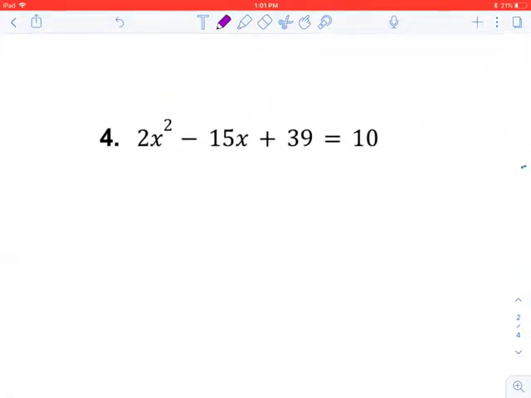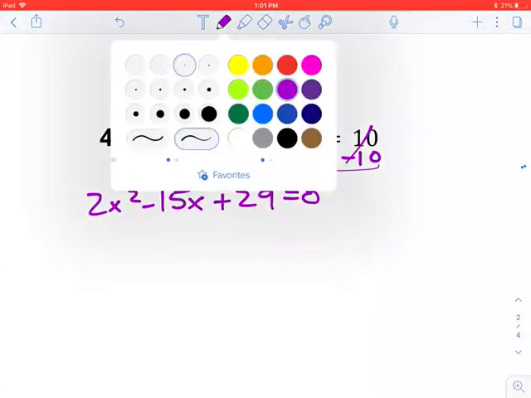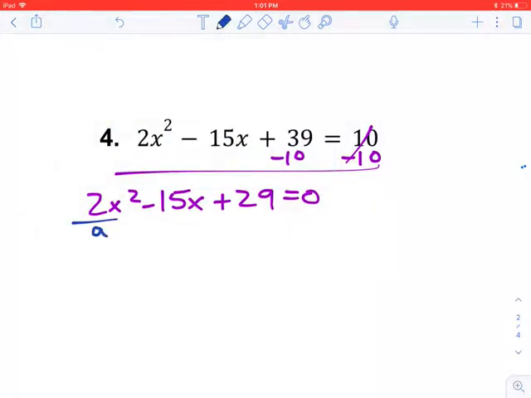Again, we need it equal to 0, so I got to subtract that 10 first before I do anything. Now I've got 2x squared minus 15x plus 29 equals 0. And so, a is 2, b is negative 15, c is 29.